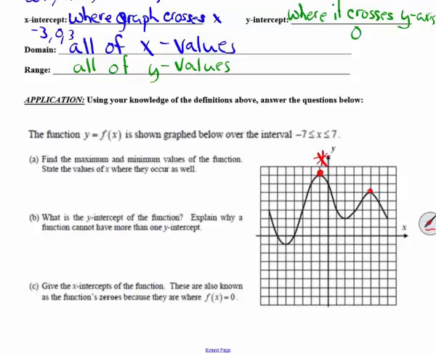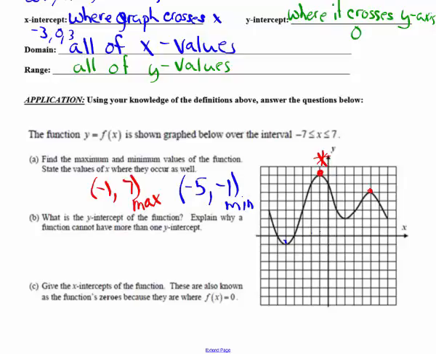So the maximum is going to be at -1 and 7. The minimum is your lowest turning point, which is right here, and that's going to be at -1 and -5. So I'm going to just label min and max.